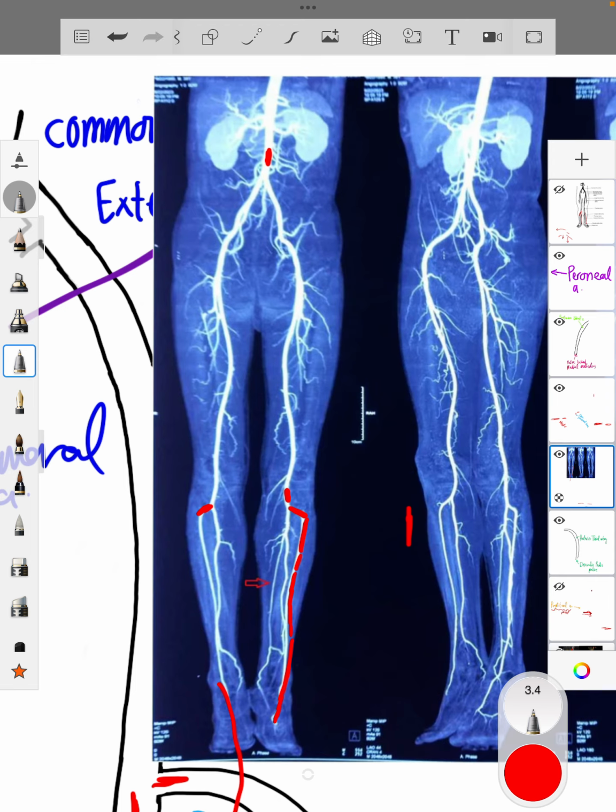So this is the abdominal aorta, obviously, and then common iliacs, right and left. And then over here, the branching things, we can tell that this is the internal iliac, and the part that continues is the external iliac, and then where the inguinal ligament is, it's going to become the common femoral.